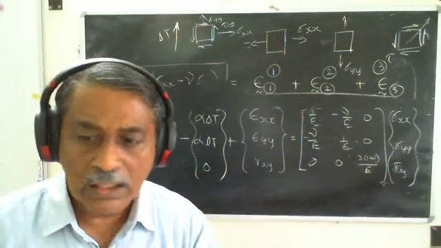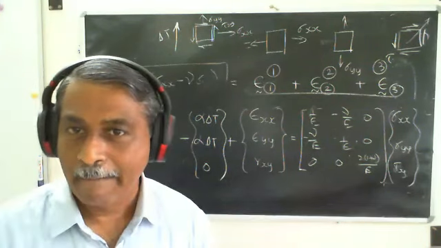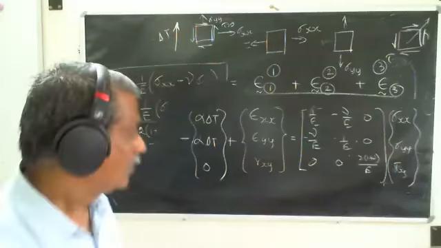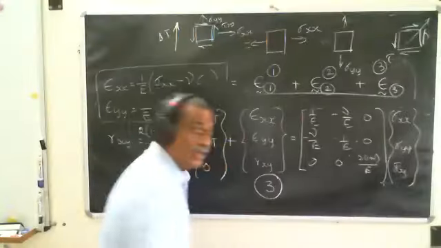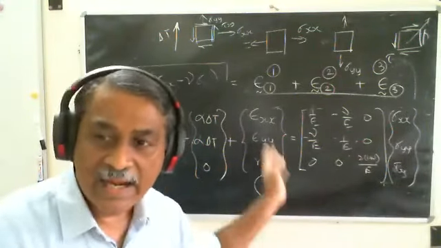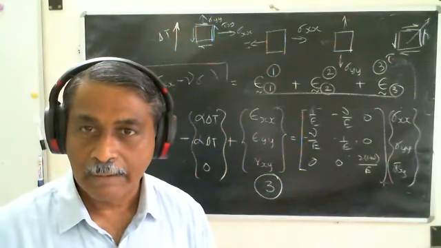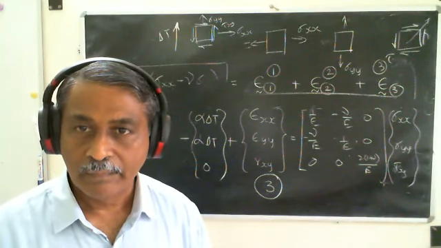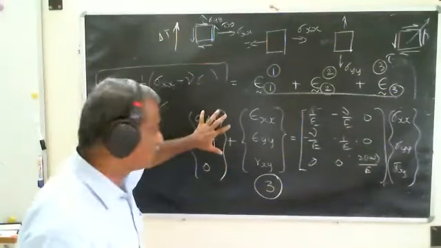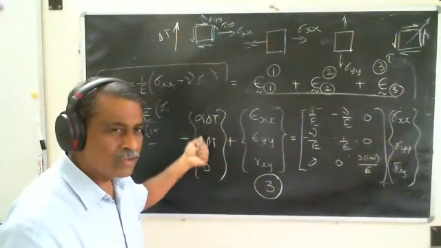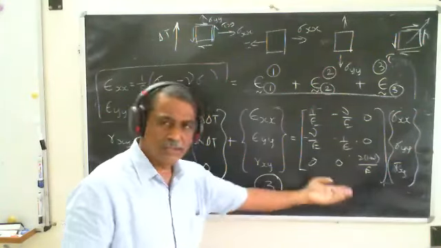One last point. How many equations have I written? I've written 3 equations. Did I add any additional unknowns? I did not add any. Alpha is also not an unknown, it's given to us. So only 3 equations, 0 unknowns.